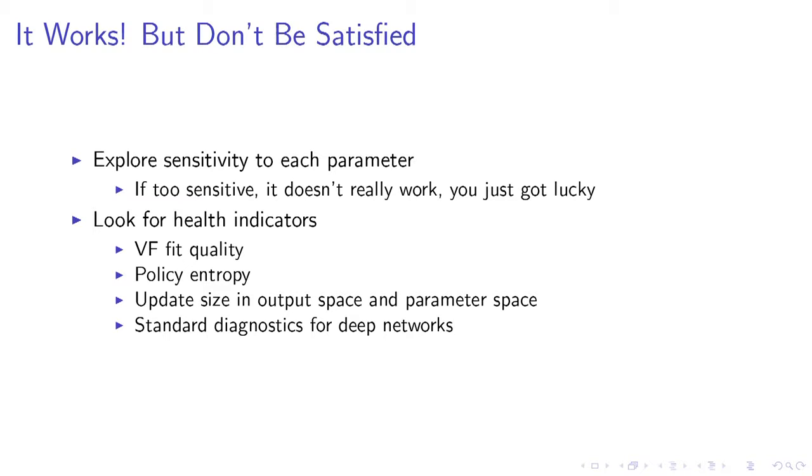This is going to vary based on the algorithm, but for example, you can look at whether your value function is actually accurate, like whether it's actually predicting returns well. You can look at how big the updates are in terms of either parameter space or the output space. There are also standard diagnostics for deep networks, like looking at norms of gradients and so on.